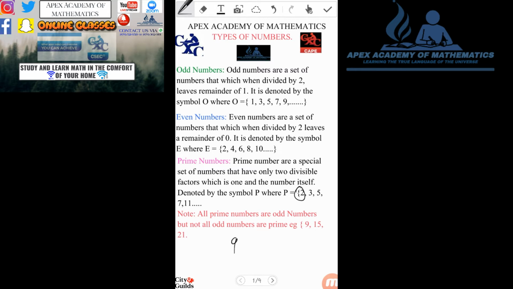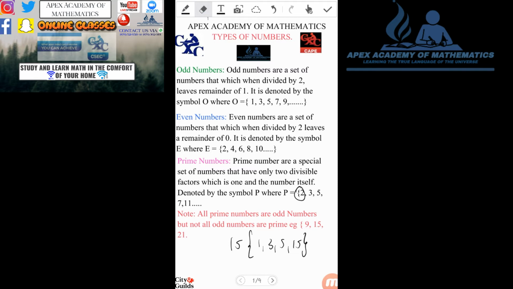9 is an odd number. And of course, when you check to see if 9 has only 2 factors, you're going to find out that 9 has 3 divisible factors, which are 1, 3, and 9. Take for example here again the number 15. 15 is an odd number, but it can be divided by 1, by 3, by 5, and by 15.